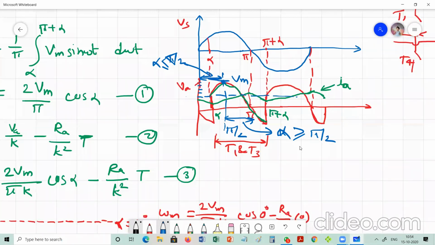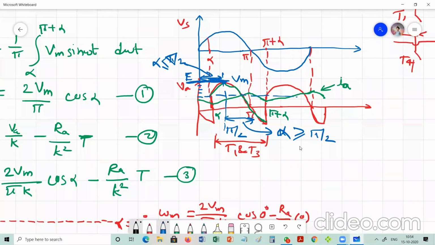Means for less than pi by 2, the E line should lie here. For this value of E, we can say that E is always greater than Vs when alpha is less than pi by 2, and in that case current IA will be 0.